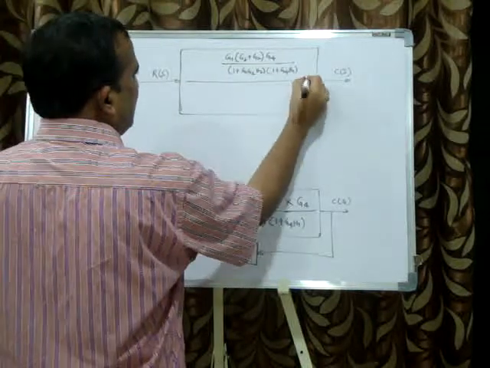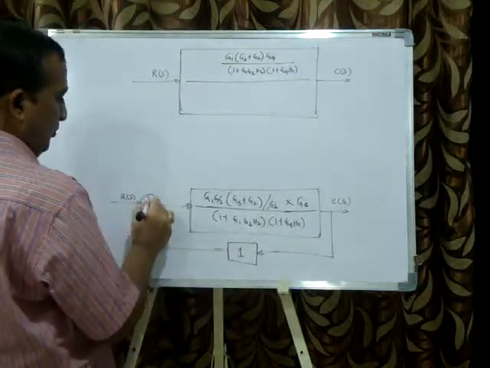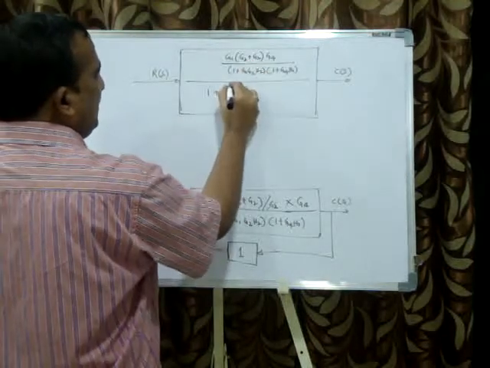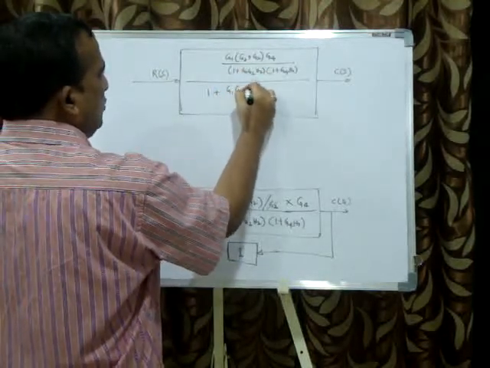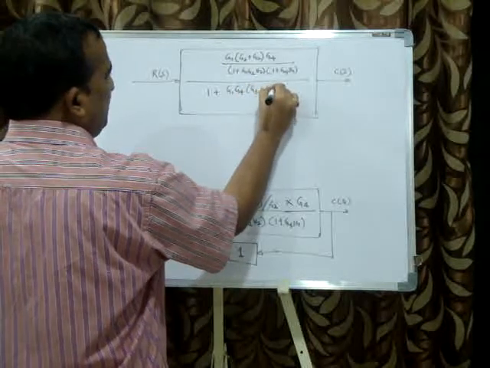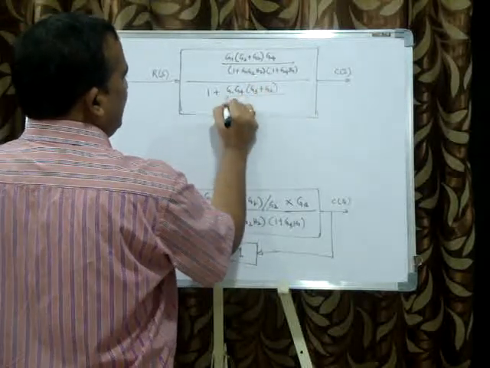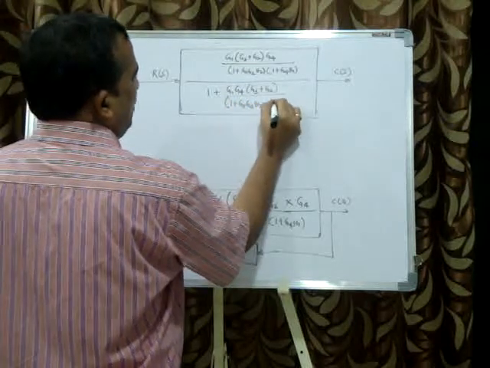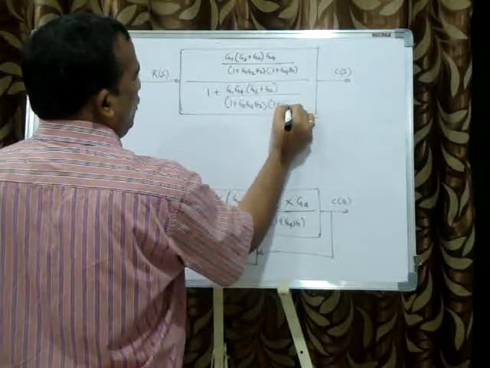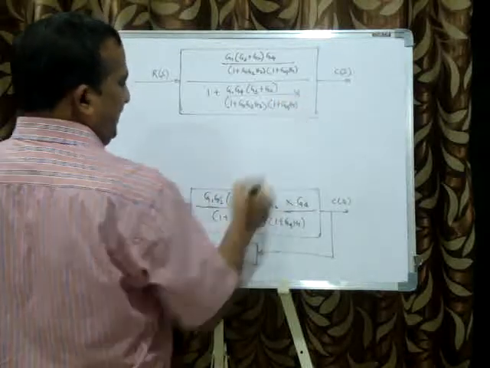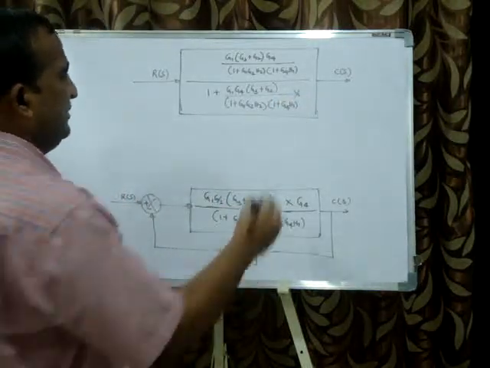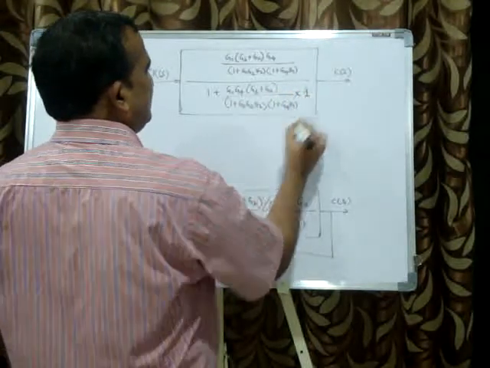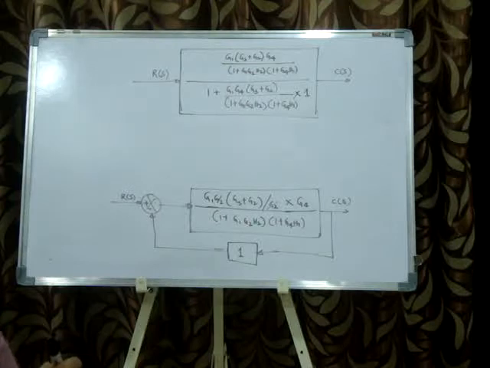divided by, here 1 minus is there, so that plus once again feed forward element G1 G4 G3 plus G2 divided by 1 plus G1 G2 H2 into 1 plus G4 H1 into 1, because unity feedback, into 1.